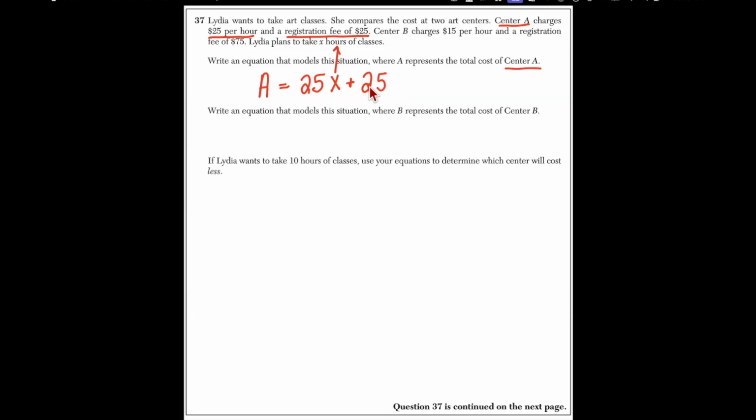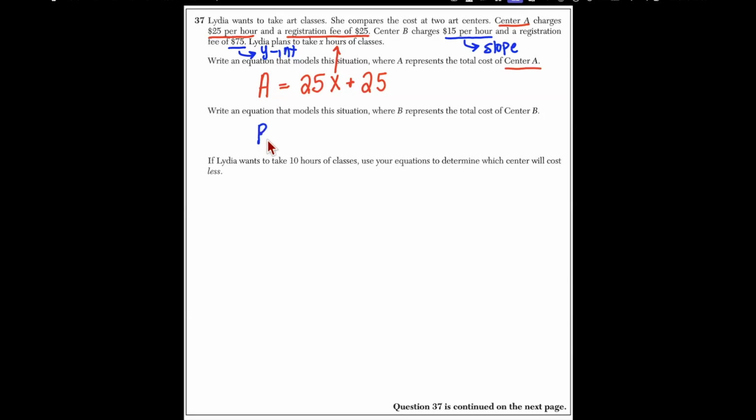Now, situation B is going to mirror that. It's my second equation here for center B. It's 15 per hour. Again, that 15 there is essentially my slope. The 75, that's my y-intercept. So it's going to take the same structure as this one did.